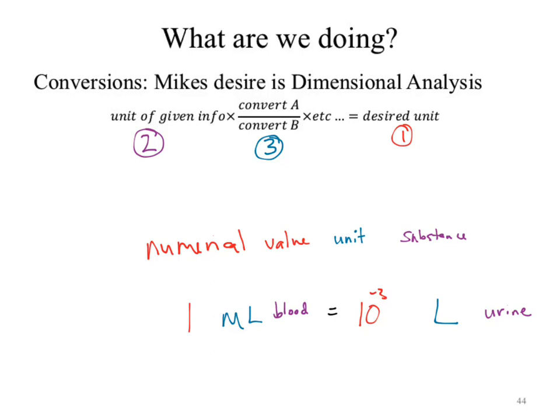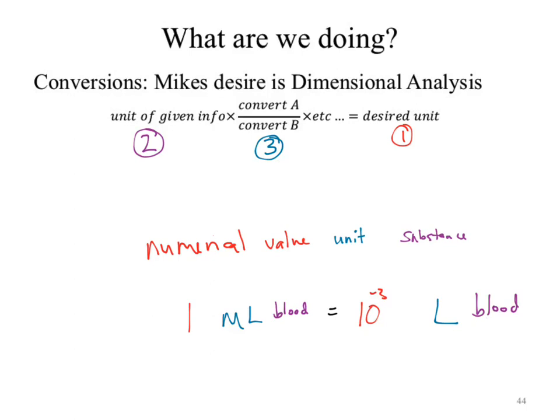So I can convert the milliliters of blood into liters of blood. Thankfully, I can't convert it into urine because that would kind of suck. At least in how we've envisioned our world, that would kind of suck. Both because you pee blood then and you'd bleed urine.